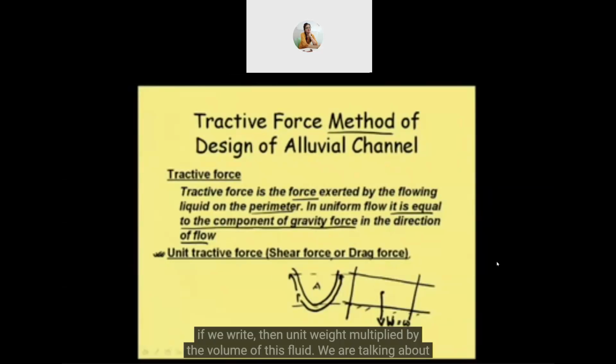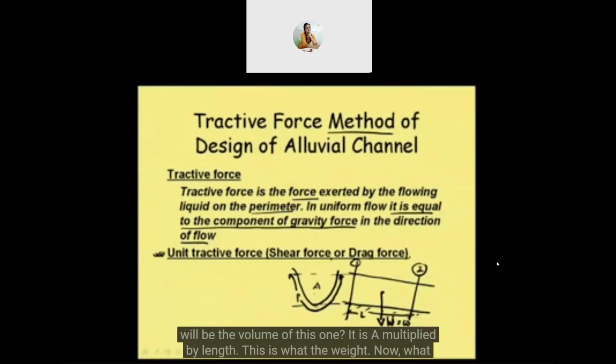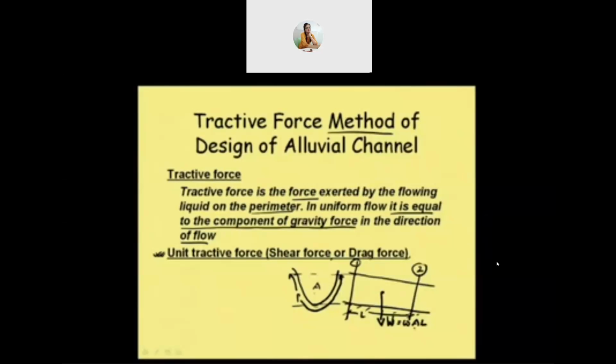We are talking about the fluid volume between section 1 and 2. So what is the volume of the fluid? If the area is A, and the length of this portion is L, then the volume is A multiplied by length, and this is the weight.